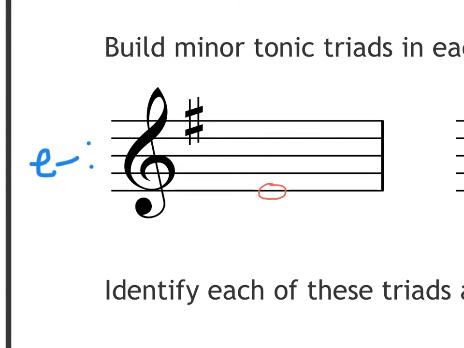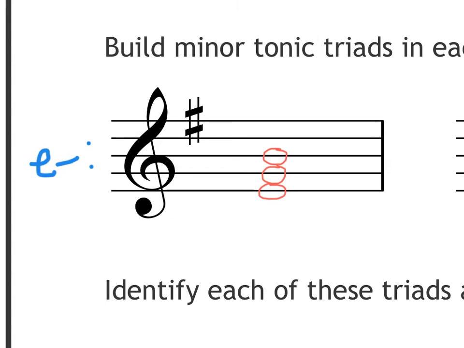And to build a triad, we need a third and a fifth. By following this minor key signature, we have created intervals of a minor third and a perfect fifth. E natural to G natural is a minor third. Okay, and you can certainly go investigate that again just to confirm if you wish.